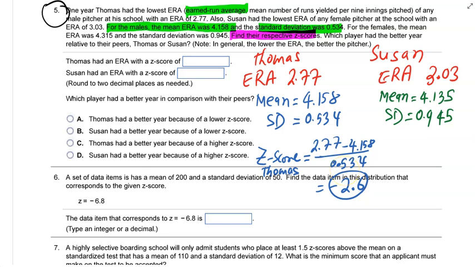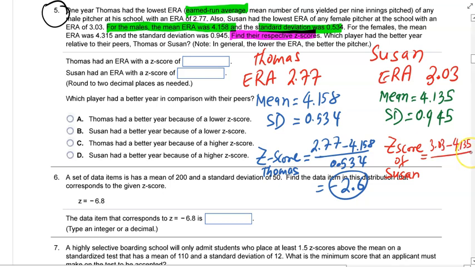Now let's find the z-score of Susan. Okay, what's the formula? Data item 3.03 minus the mean 4.135, divided by 0.945.